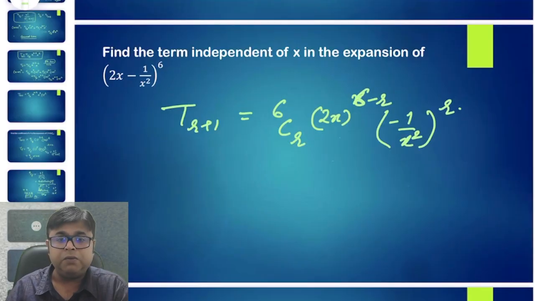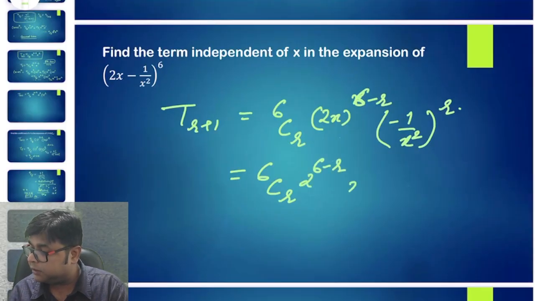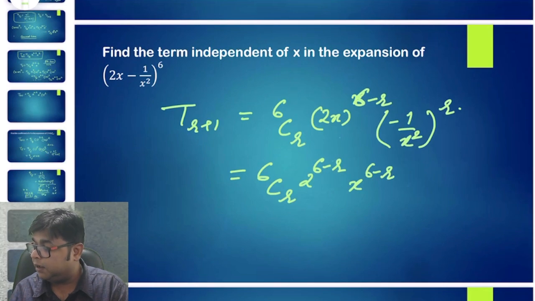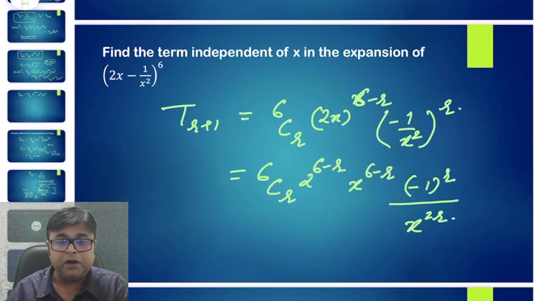So this is what I will be getting. Now this will give me 6Cr 2^(6-r) and x^(6-r), and it will give me (-1)^r separately and x^(2r). So this is what I'm going to get.